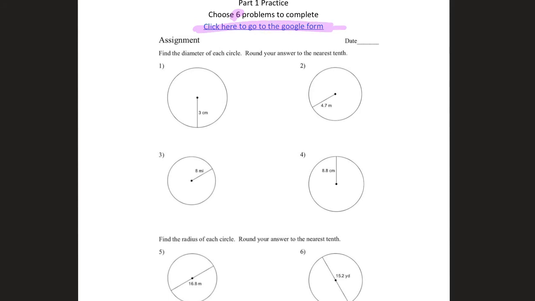If you go to Google Classroom, under the assignment, if you click the instructions, just click the form. Okay. So you need to do 6 of them. So pay attention to if it's asking you for the diameter, or down here it's asking you for the radius. Okay? So then, once you finish part 1, go back, watch the video, and do the assignment for part 2.